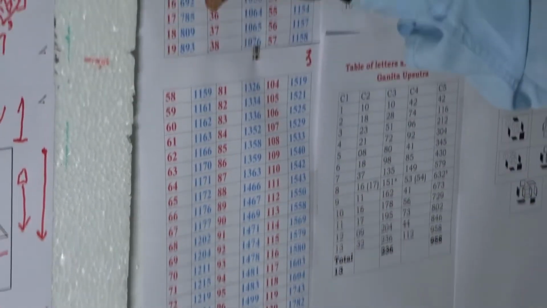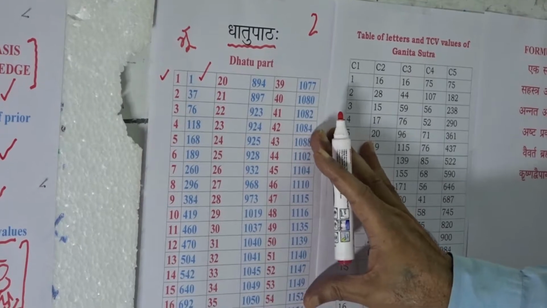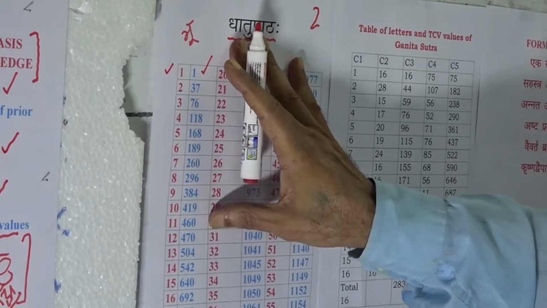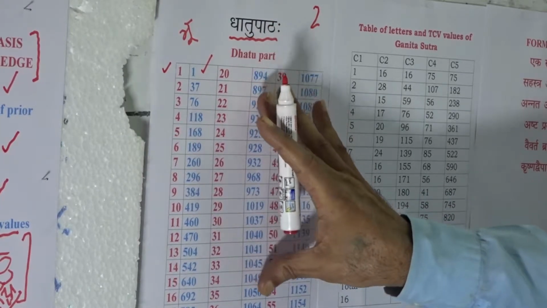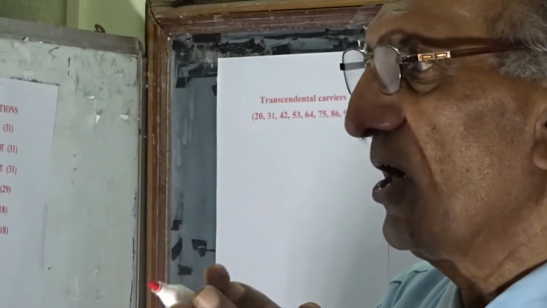This table becomes the basic table of the values, features and format of the Dhatu part. These are the values, features which ultimately go parallel to the dynamic state of our solar universe.